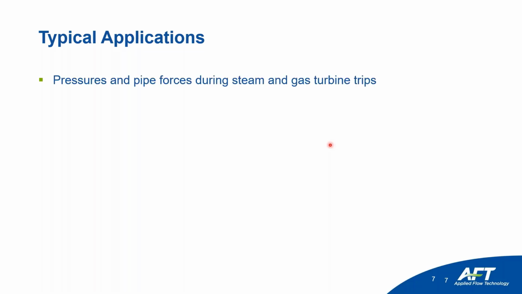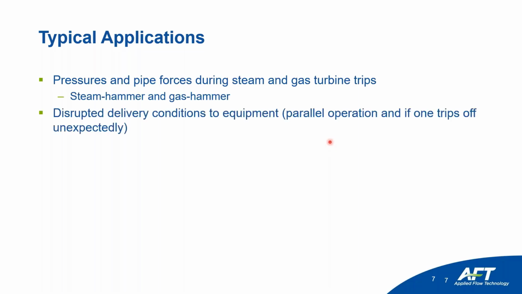Pressure drops and pipe forces during steam and gas turbine trips. Steam hammer and gas hammer. Disrupted delivery conditions to equipment, parallel operation, and if one trips off unexpectedly: turbines, compressors. Pipe forces during relief events.